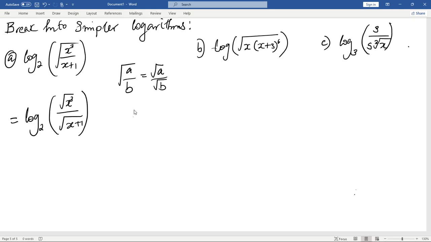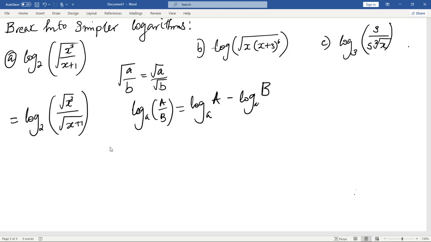Now remember, for logs, if you have log to the base a of a over b, this will simply give us log to the base a of a minus log to the base a of b.